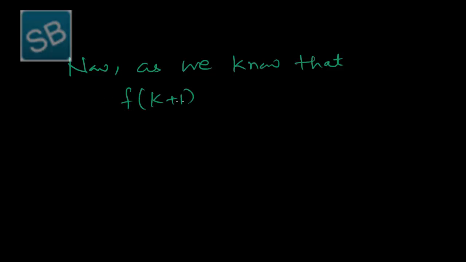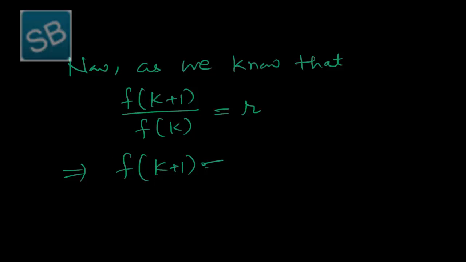Now, as we know that the ratio of two consecutive terms of a GP is a non-zero constant, therefore f of k plus 1 is r times f of k.